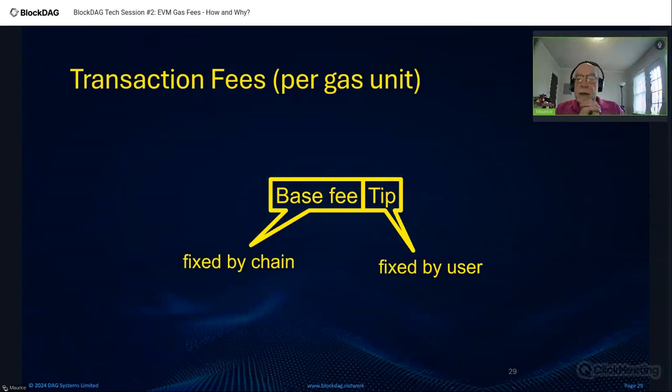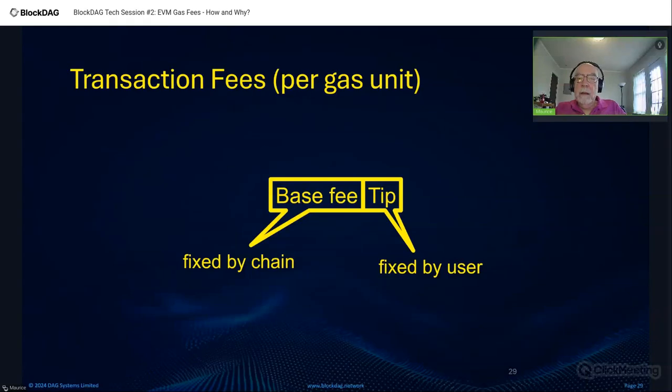So pretty much the blockchain tells you what the base fee is. You give the blockchain a tip, and you say, miners, here's a tip for the miner. The larger the tip, the higher the priority of your transaction. So in some sense, we've decoupled the cost of gas from this incentive, choose me, that we had in the previous one.